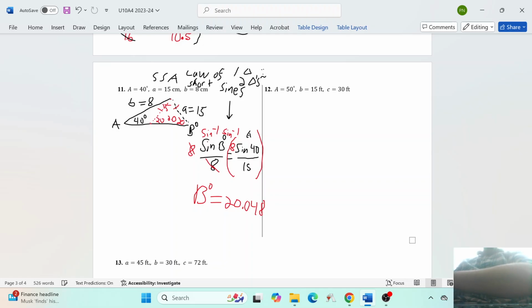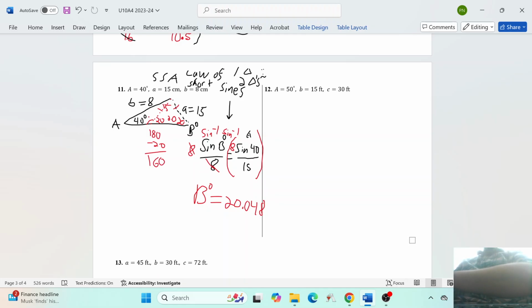And that means that this angle right here would be 180 minus 20, which is going to be 160 degrees.